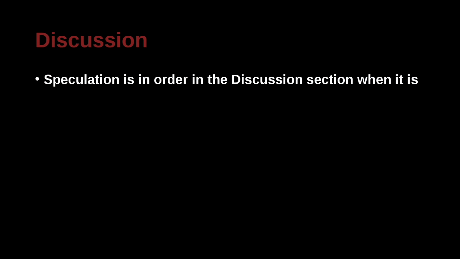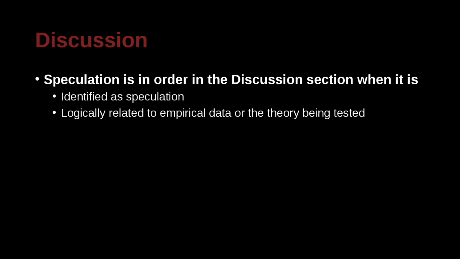So that's speculation. This is your chance to speculate. You need to be logical and empirical, of course, and try to relate to theory as much as possible. You need to be concise. Don't go writing on and on and on. Just a few sentences for each point is enough. You don't want to spend too much time on this.